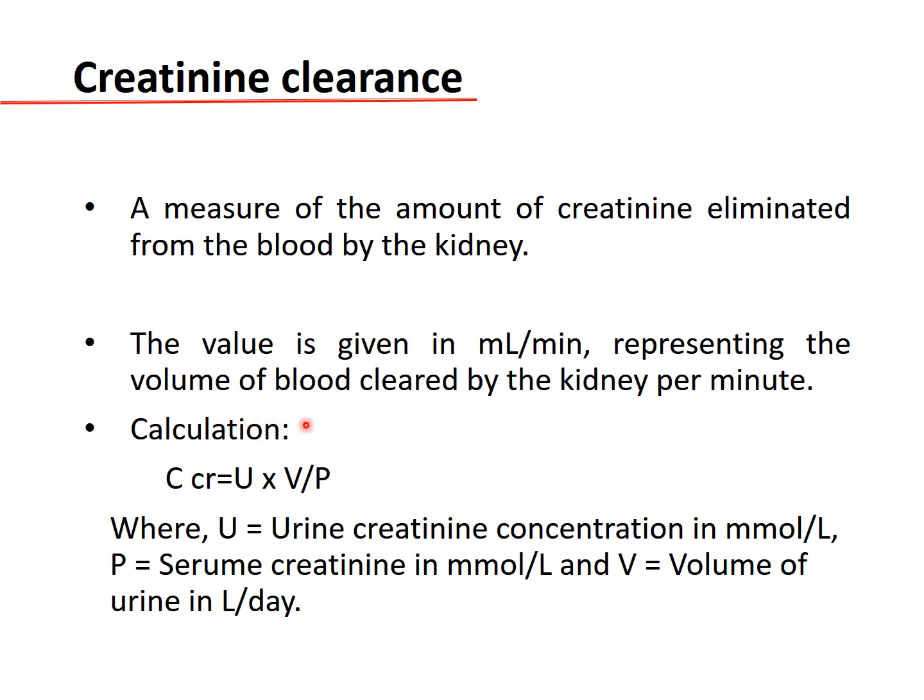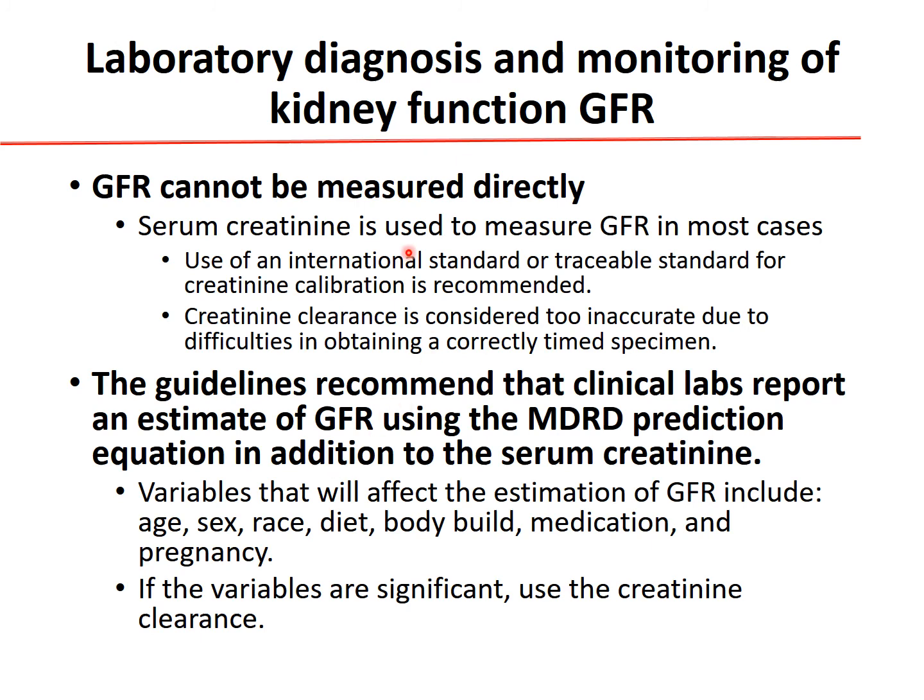So when we have a very low level of the GFR, creatinine clearance always overestimates the real GFR. So as you see here, they measure the urine concentration of the creatinine, the volume of the urine, and the concentration of the creatinine in the plasma. And they can calculate the clearance.